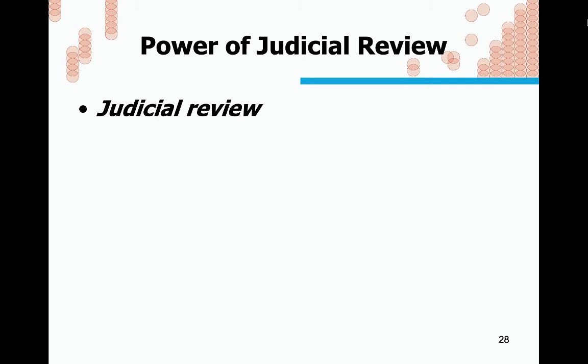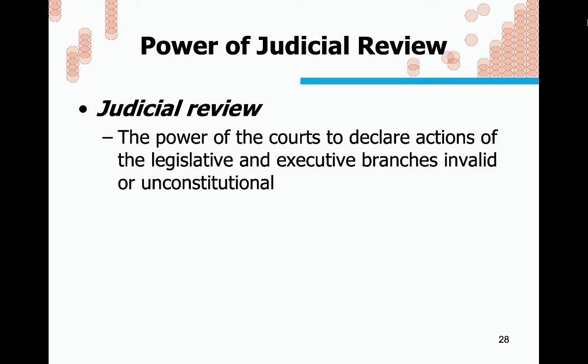One thing I do like about the legal system in the United States is this concept of judicial review. This is the power of the courts to declare actions of the legislature and executive branches invalid or unconstitutional, right? So this is indicative of the independence of the court system, giving the court the power to really provide oversight over the other branches.